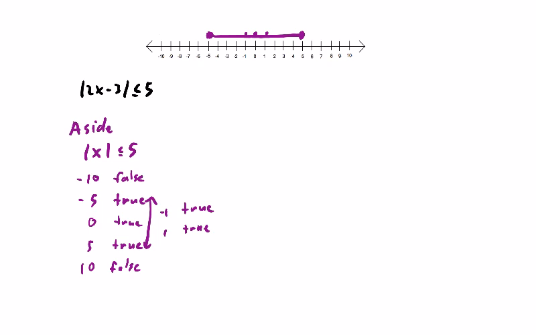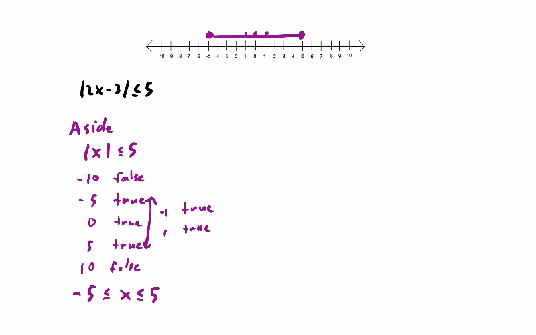Now let us go back and consider the original problem though. When we have the absolute value of x is less than or equal to 5, it looks like x values everywhere between -5 and 5 work. So I could write that out algebraically as -5 must be less than or equal to x, which is less than or equal to 5. That corresponds to what is shown on the number line.